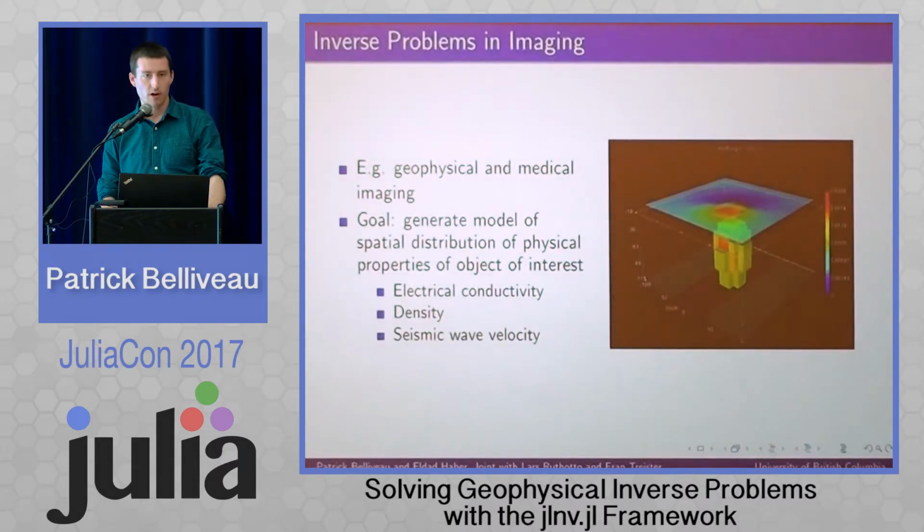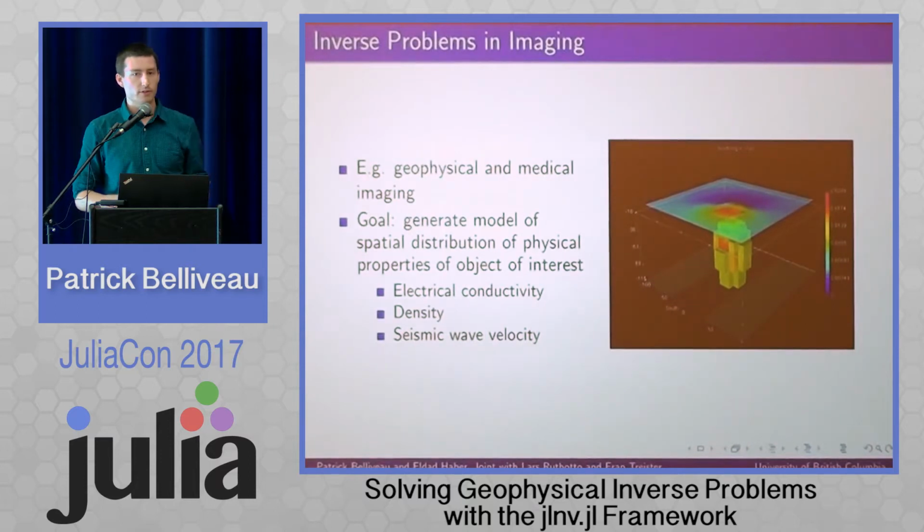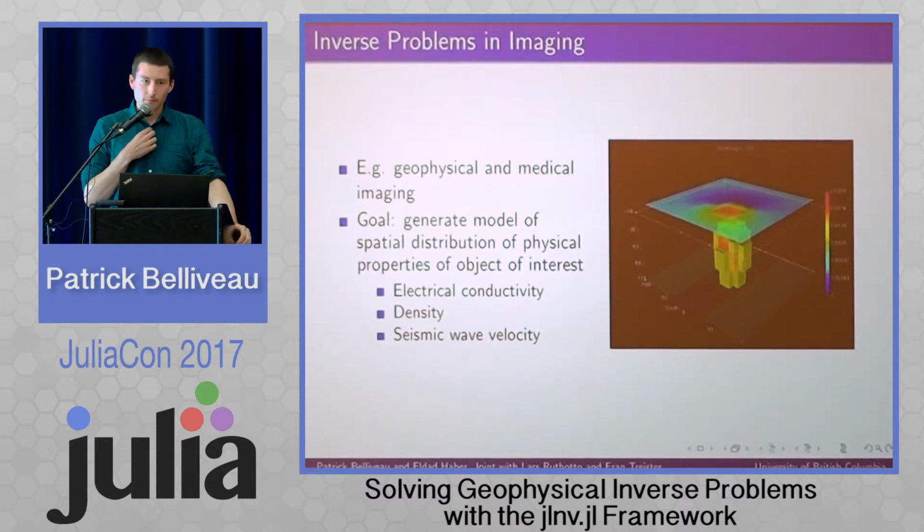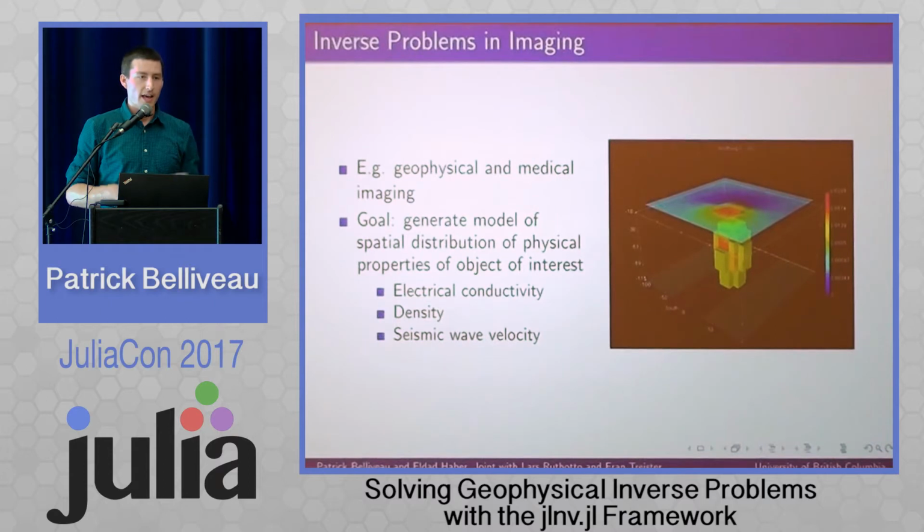To give a little bit of context, our group is mostly interested in inverse problems in imaging, mostly motivated by problems coming from geophysical imaging and also medical imaging. In these sorts of problems, generally what we're trying to do is estimate the spatial structure of the physical properties of some object that we're interested in.